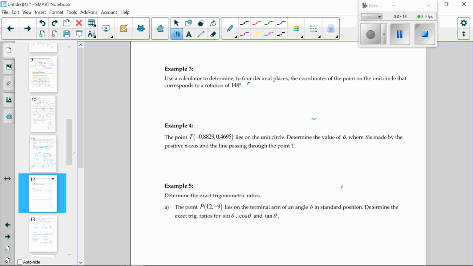So remember, our coordinates are written as cos theta, sine theta. Okay, so all we need to do is in our calculators, we're going to go cos 148 degrees and sine 148 degrees.